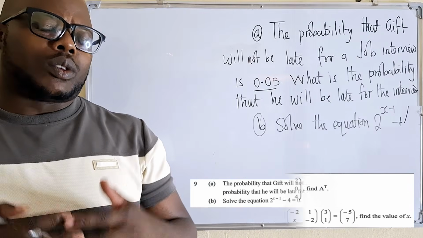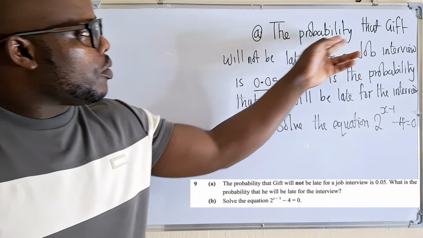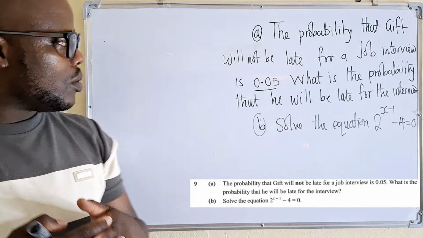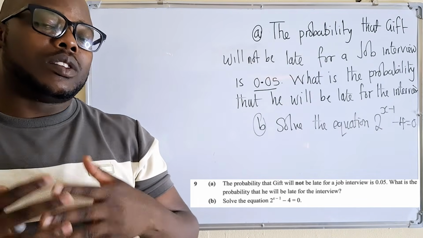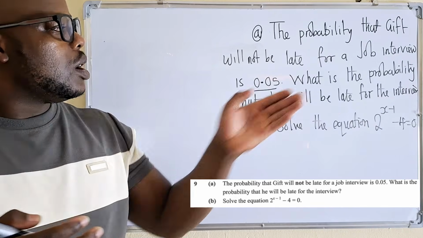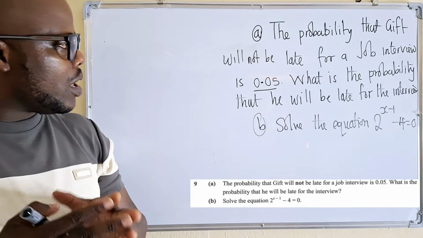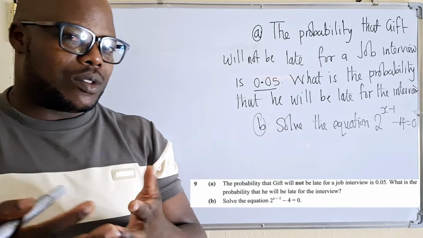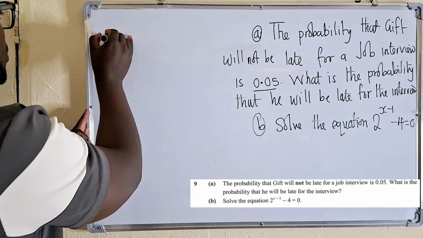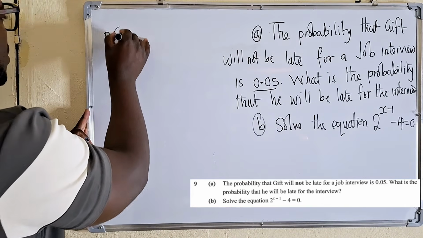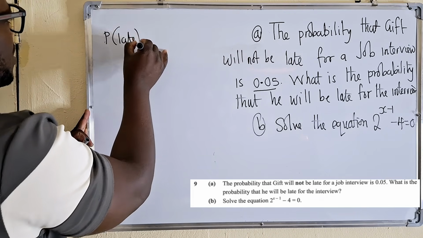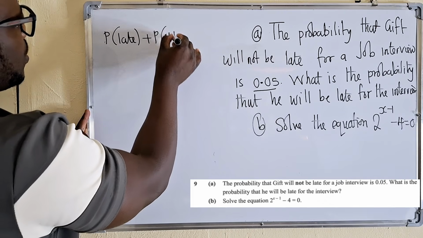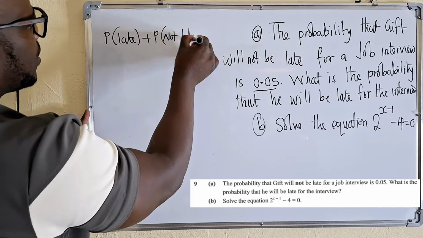Okay, so the probability that gift will be late for a job interview is 0.05. Okay, what is the probability that he will be late for the interview? So look at this. There is probability of being late plus probability of not being late.